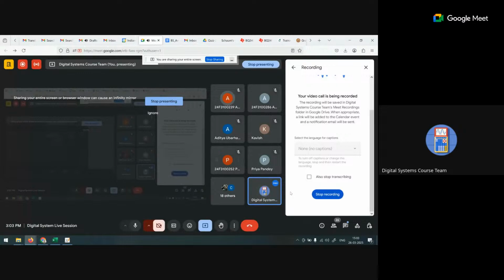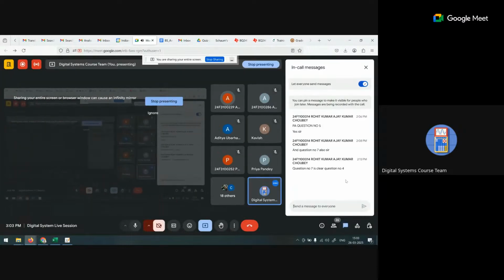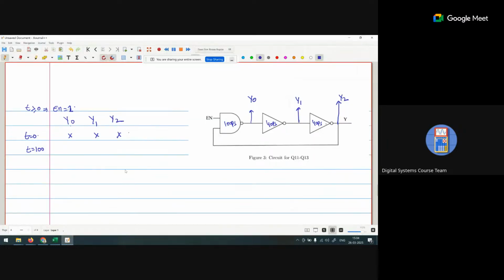Till t equal to 100 picosecond, all three outputs y0, y1 and y2 are invalid.